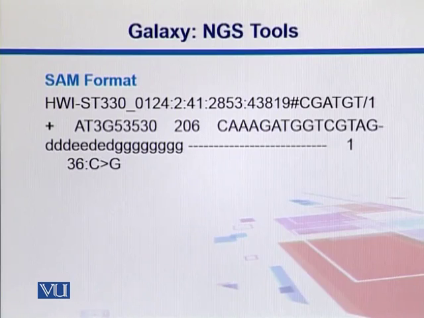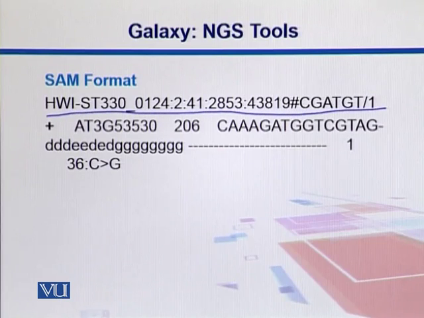We are looking at just one read, which was aligned by using Bowtie to a reference. It's coming from an Arabidopsis dataset. Here we have the read ID right here, and then we have this plus sign.